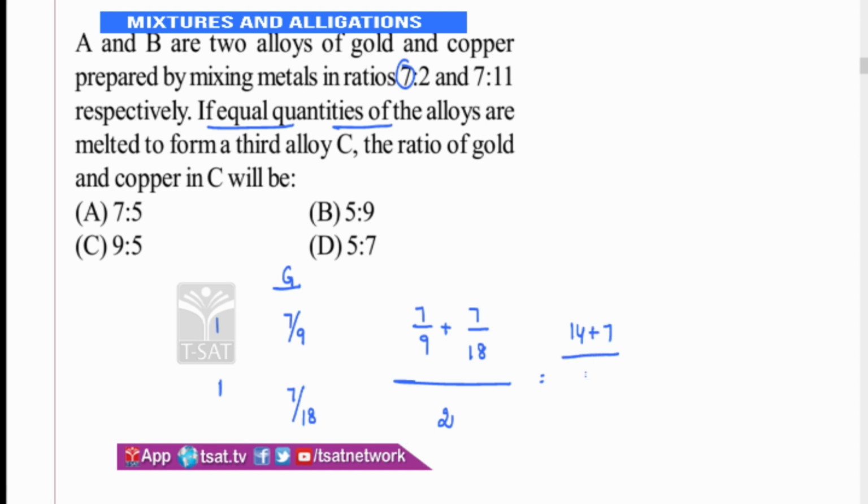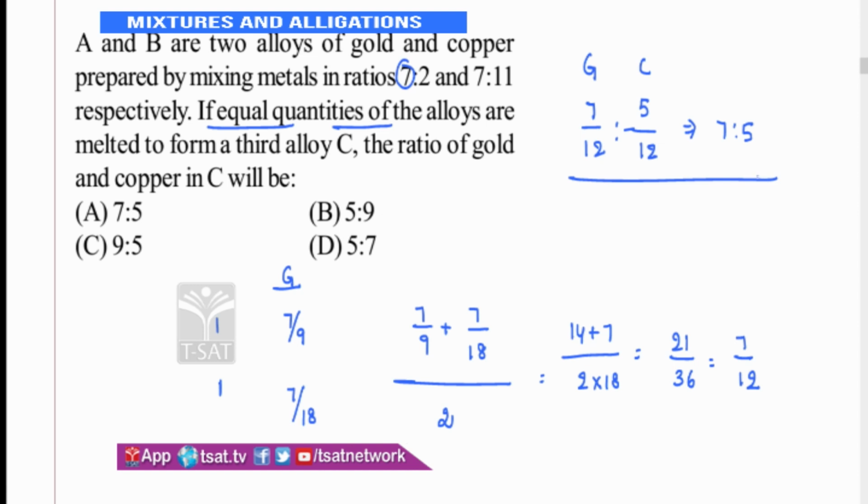This 18 comes down, 2 into 18, 21 by 36. Cancel it in the 3 table: 7 by 12. So gold in the resultant mixture is 7 by 12. Therefore copper should be what? 5 by 12. Remaining is copper, right? So what is the ratio? The ratio of gold and copper in the resulting mixture is 7:5.